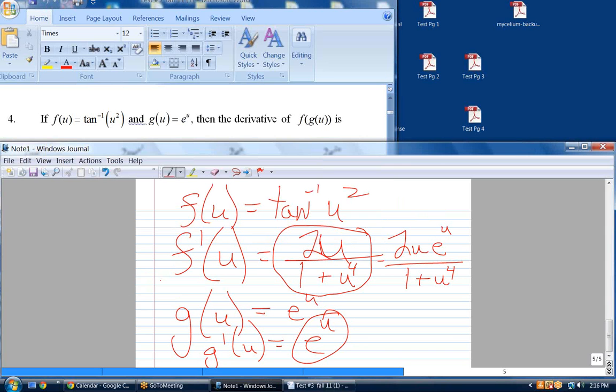Notice I didn't have to apply a quotient rule here. Whereas had I come up with f of g of u, then I'm going to have to apply a quotient rule, and I'm going to have to end up differentiating something like that, which is going to be a lot harder. All right.